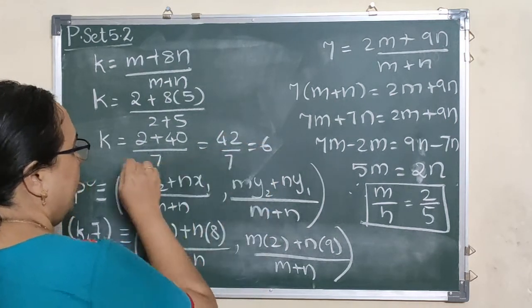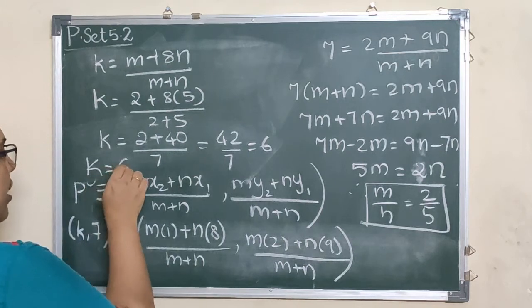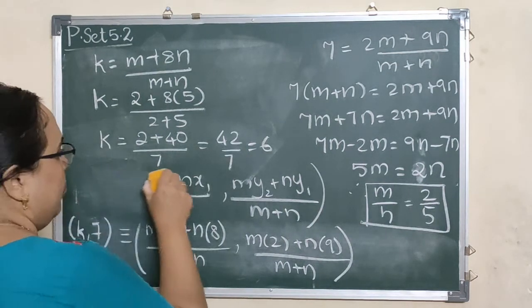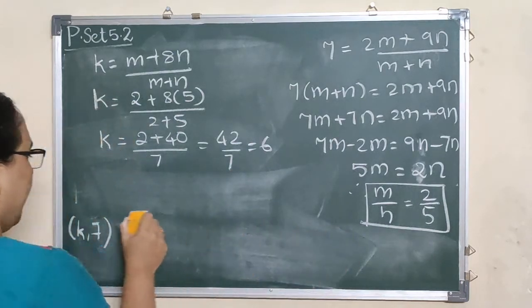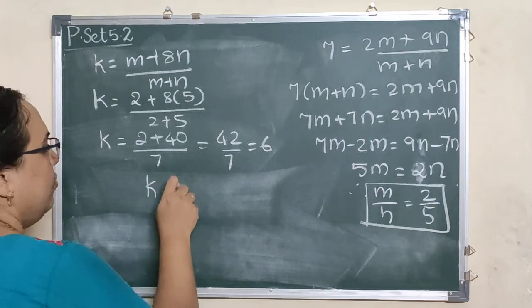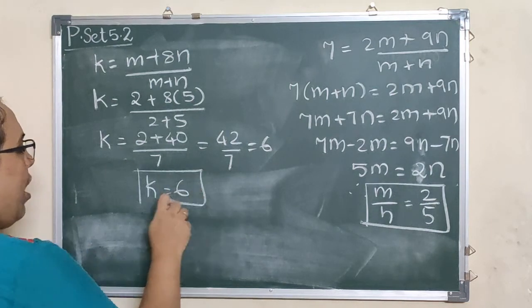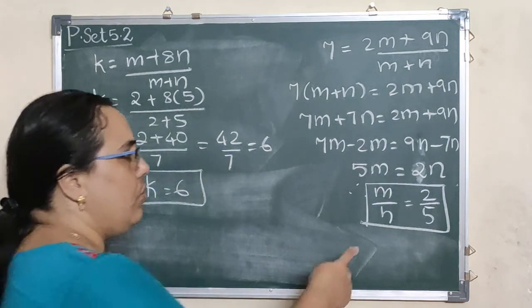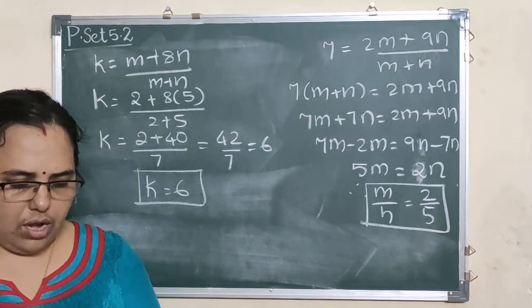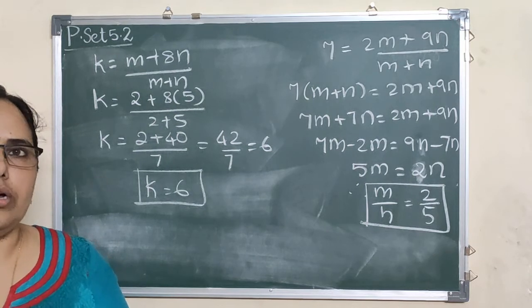So k is equal to 6. Note it, girls, k is equal to 6. So have you found the ratio as well as the value of k? Yes. Now we go for sum number 7.